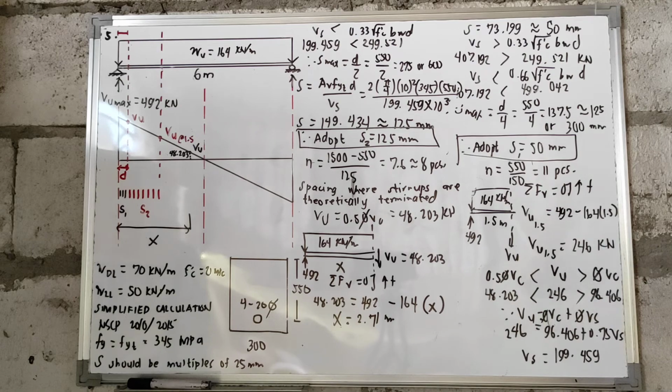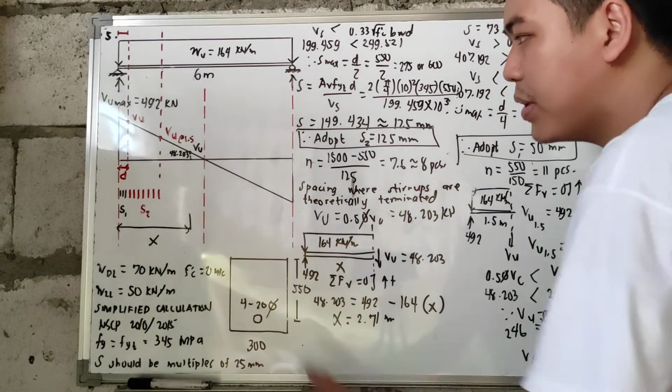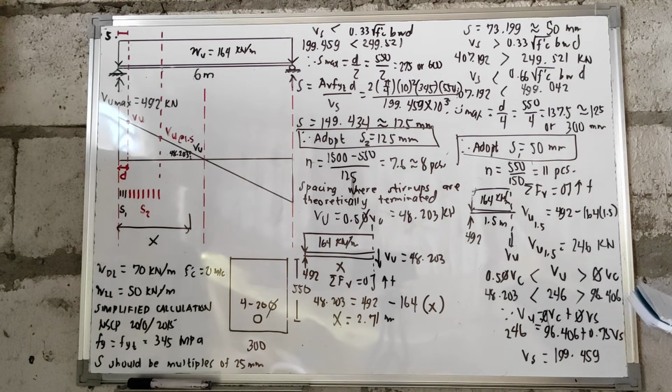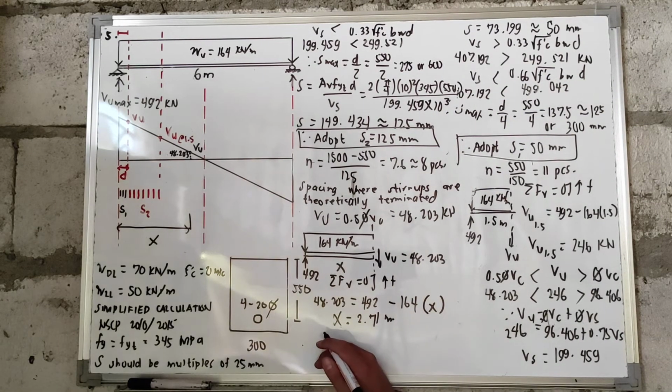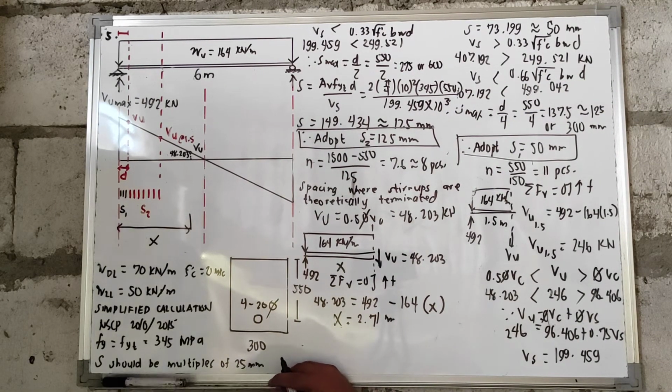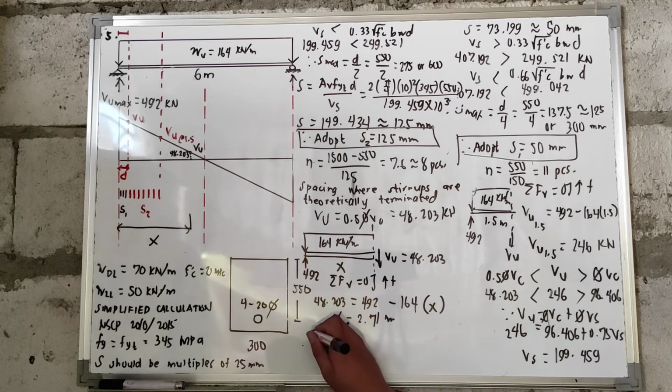So with that, since wala na tayong stirrups dito, so what will be the distance? What will be the spacing? Kasi nga, wala nang stirrups kasi, so wala nang spacing. So doon natin i-adapt yung S-max kapag kasi theoretically speaking, wala na nga ang stirrups kasi hindi na kailangan. Kaso nga lang sa actual, kailangan yon. Kasi mahihirapan sa pagporma yung konkreto natin o yung beam natin.